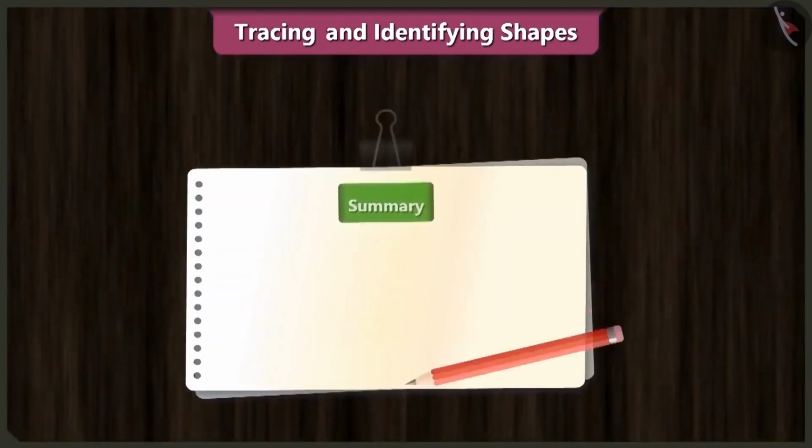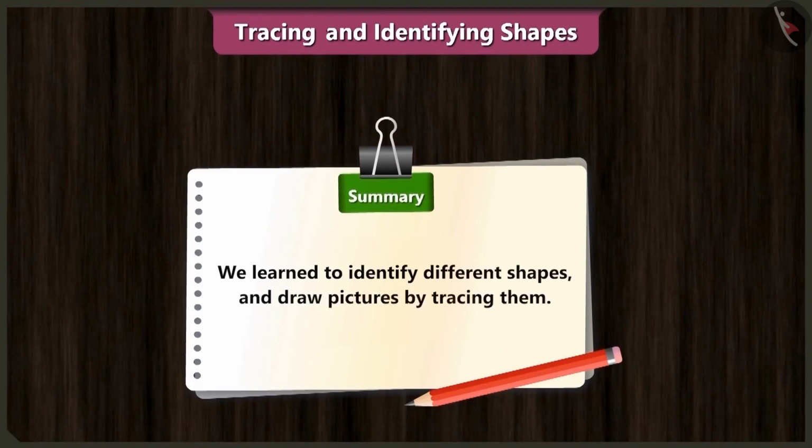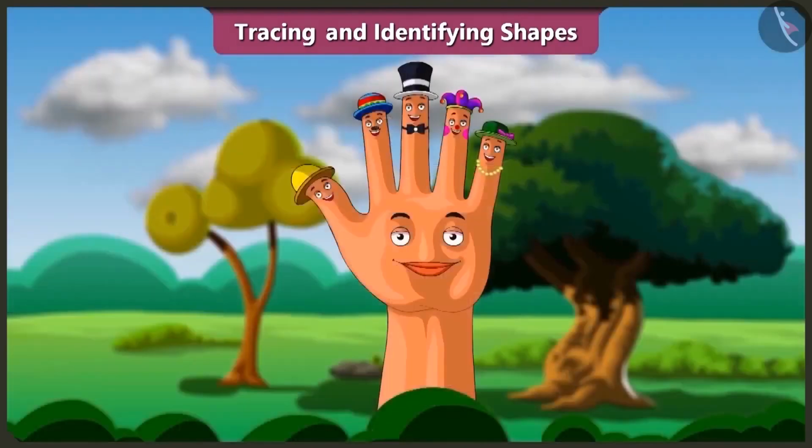Friends, today we learned to identify different shapes and draw pictures by tracing them. You can also trace the shapes and draw different pictures. In the next video, we will identify some more shapes and count them, and we will also color them.